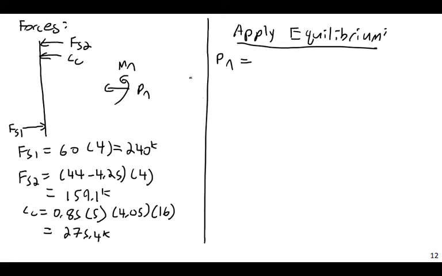It's going to be 159.1 plus 275.4 minus 240. Yes, that looks better. 275.4 minus 240, and that then comes to 195.6 kips.